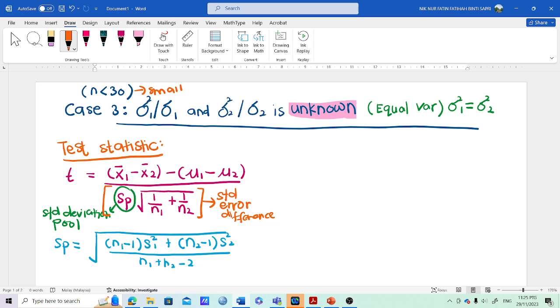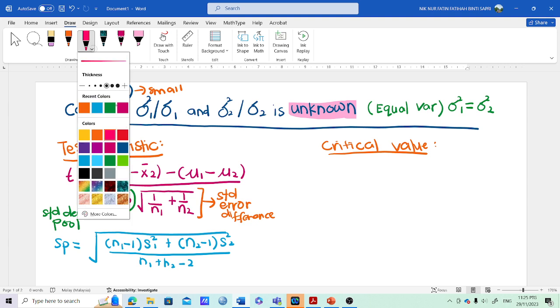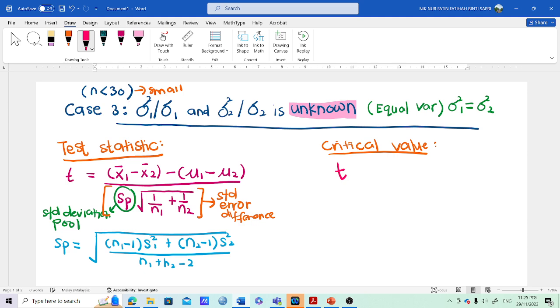Hence the critical value, CV, can be written as T with alpha, or alpha divided by 2, with a degree of freedom of N1 plus N2 minus 2.